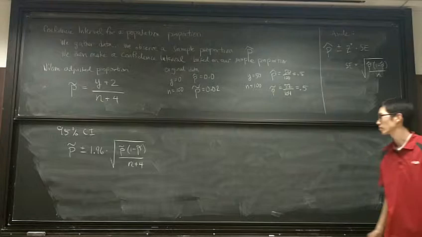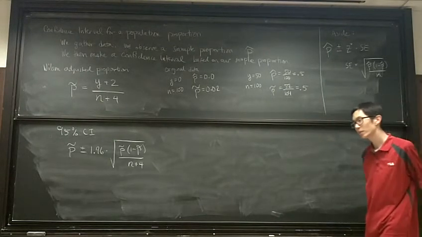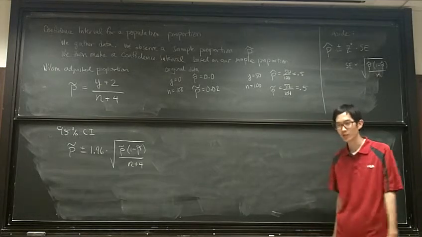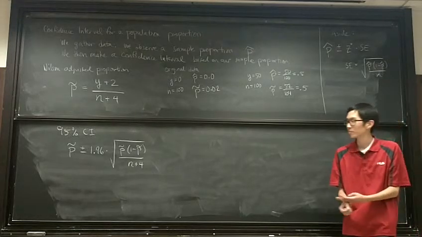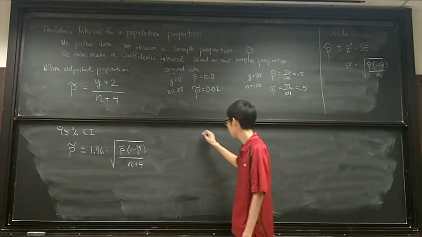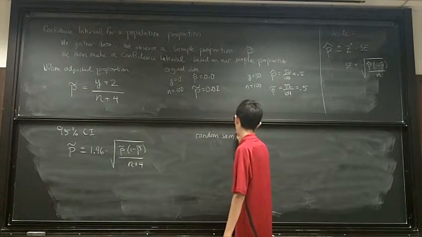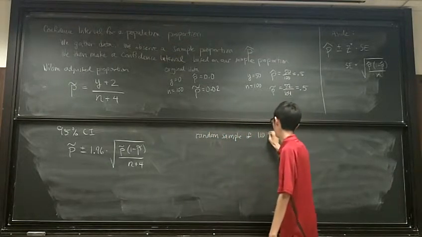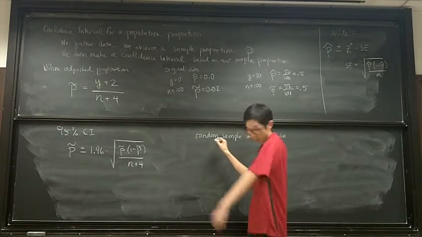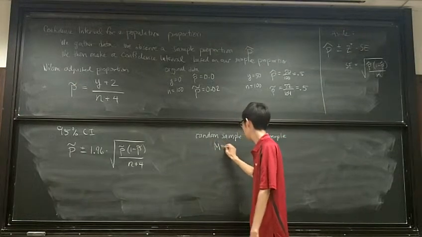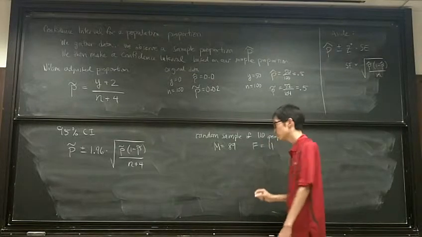Alright, so someone says, you know, I wonder what proportion of the Army is women, okay? And you say, okay, well, that's a good question. We'll take a random sample. So we take a random sample of 100 people from the Army, and let's say we get 89 males and 11 females, okay?